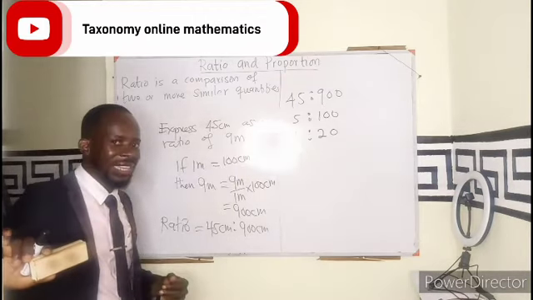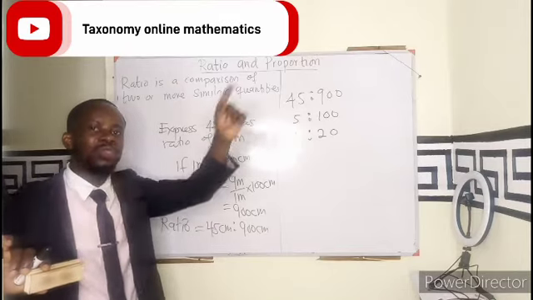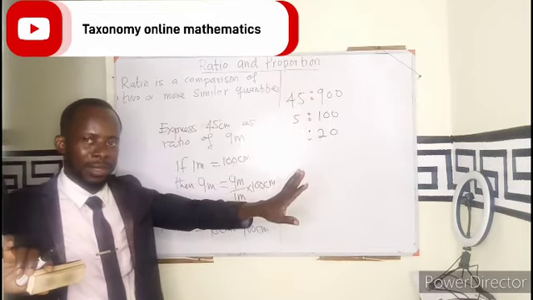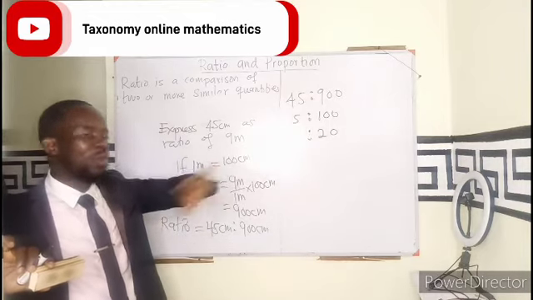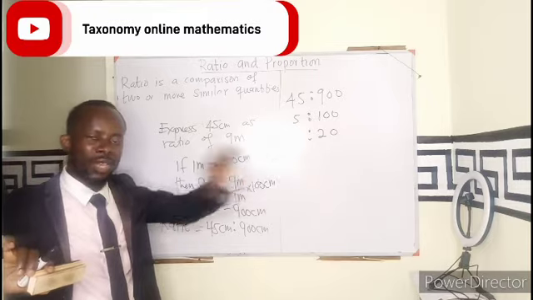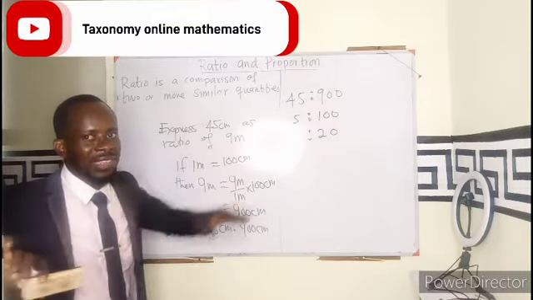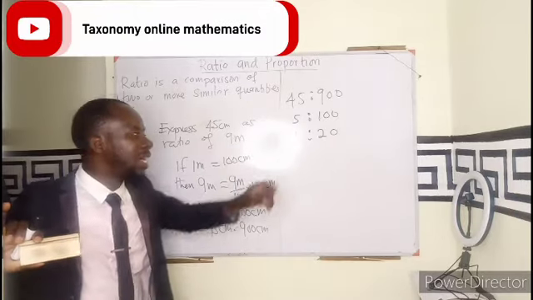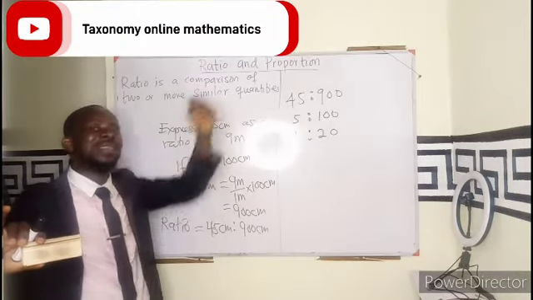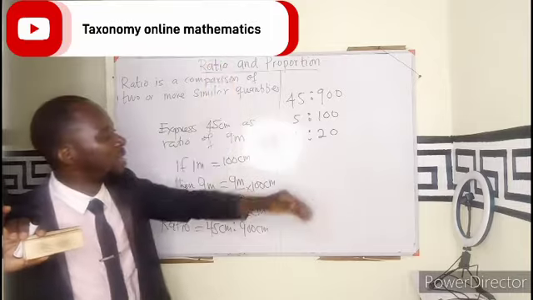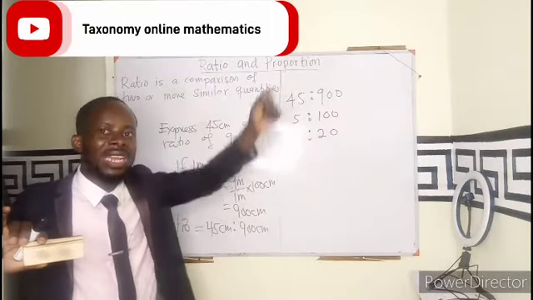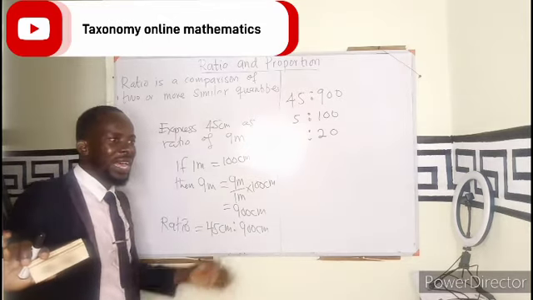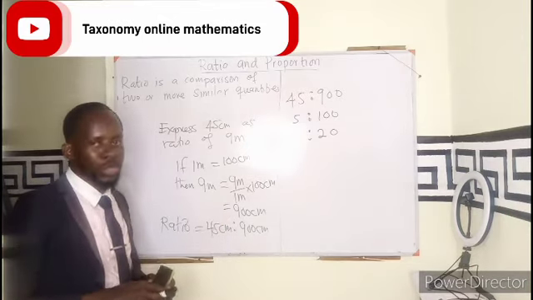It means if I take a centimeter step, you have to take 20 centimeter steps for us to reach our destination at the same time. If my destination is only 45 centimeter, yours is 9 meter. For us starting at 9 o'clock, if all of us are to get to our destination at the same time, it means when I make a movement of 1 centimeter, you have to make a movement of 20 centimeter for us to get there in time. Alright, that is the expression of a ratio.